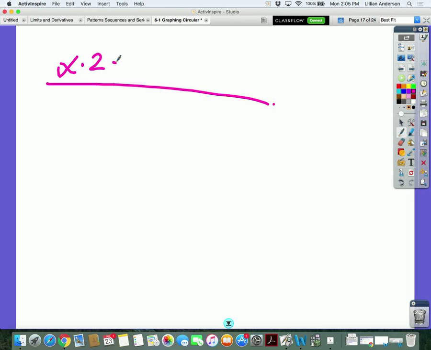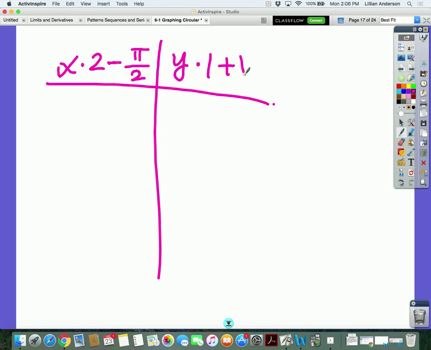What's my phase shift? Negative pi over 2. To my y's, I'm going to multiply by 1, because our amplitude was 1, and then add 1.